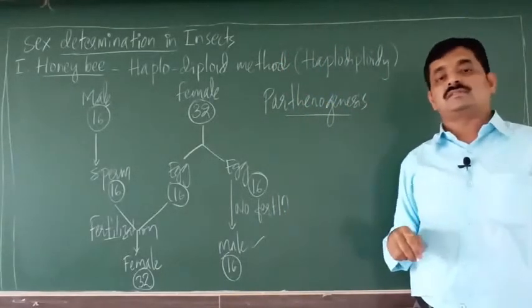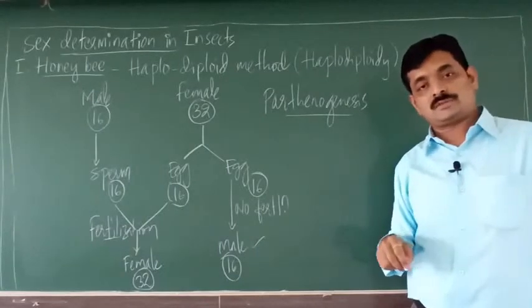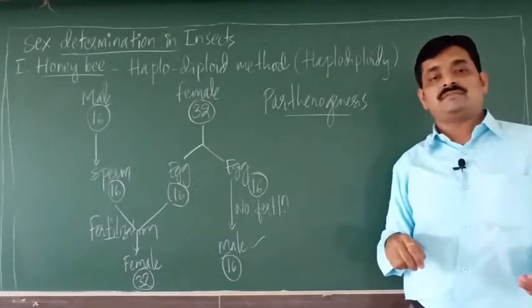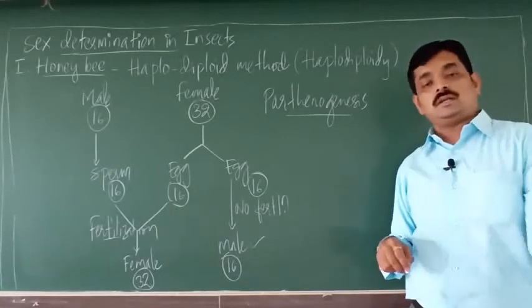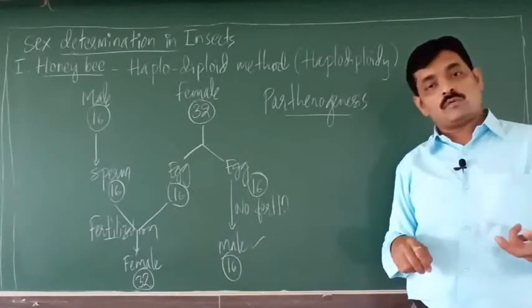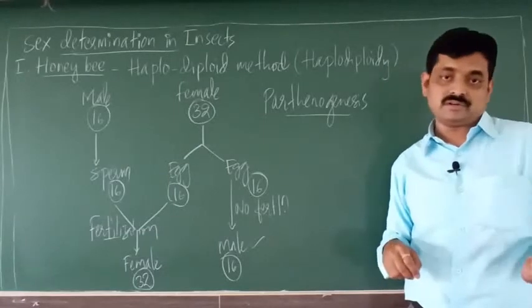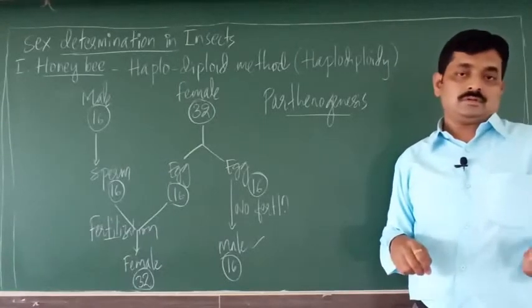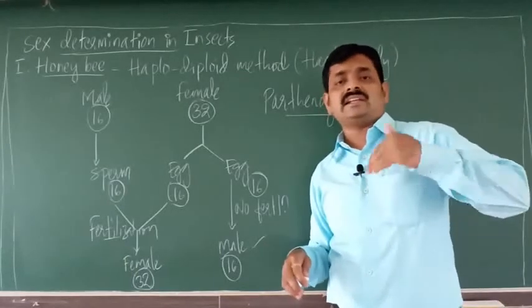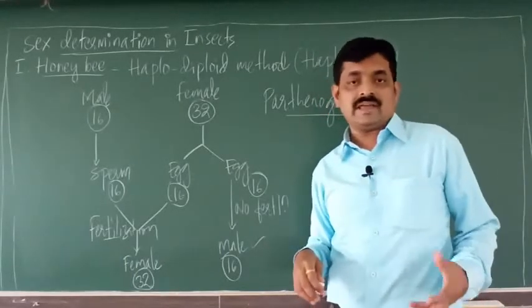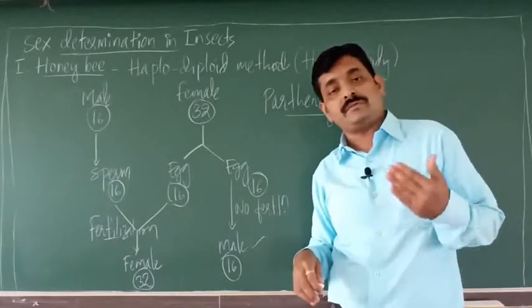Parthenogenesis is a process of development of offspring directly from the ovum or egg without fertilization. Right? So egg directly develops into the offspring without fertilization.